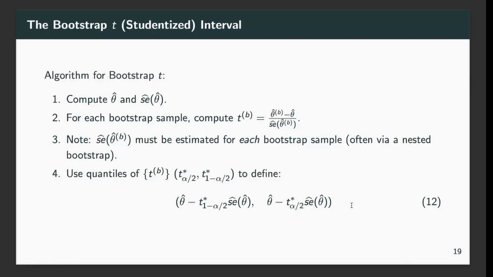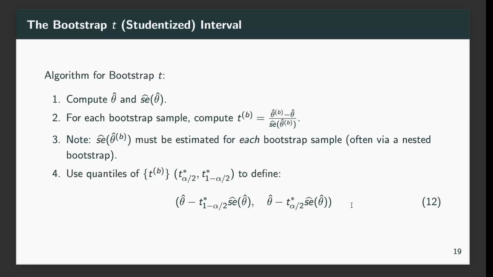But it is computationally expensive because of the nested bootstrap, since within each of the B we need to run another number of replicates. It can also be sensitive to outliers, and in practice the BCa interval would probably be preferred, because the BCa can also achieve second order accuracy without having to do this nested bootstrap.